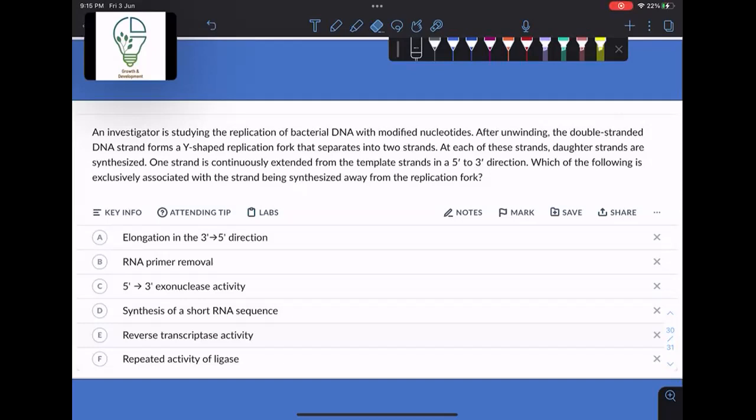The options are elongation in the 3 to 5 direction, RNA primase, 5 to 3 exonuclease activity, synthesis of a short RNA, reverse transcriptase activity, or repeated activity of ligase. Okay, I'll wait for a few more people to answer, and then I will explain it.